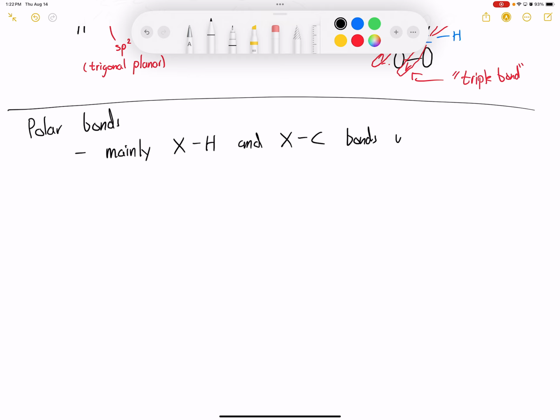All right. So X here would be oxygen, nitrogen, chlorine, or fluorine. For here, we're going to say electronegative elements. So those are the elements with the highest electronegativity, okay?